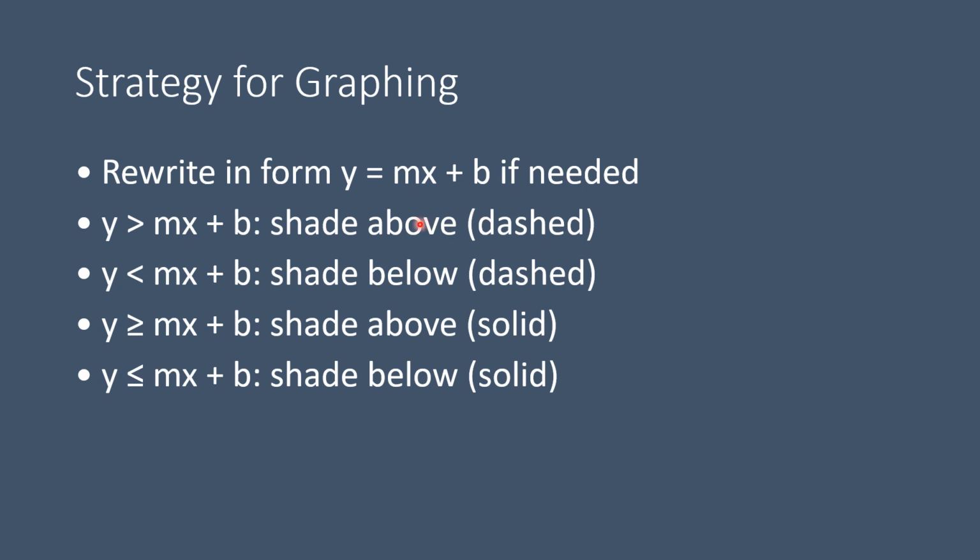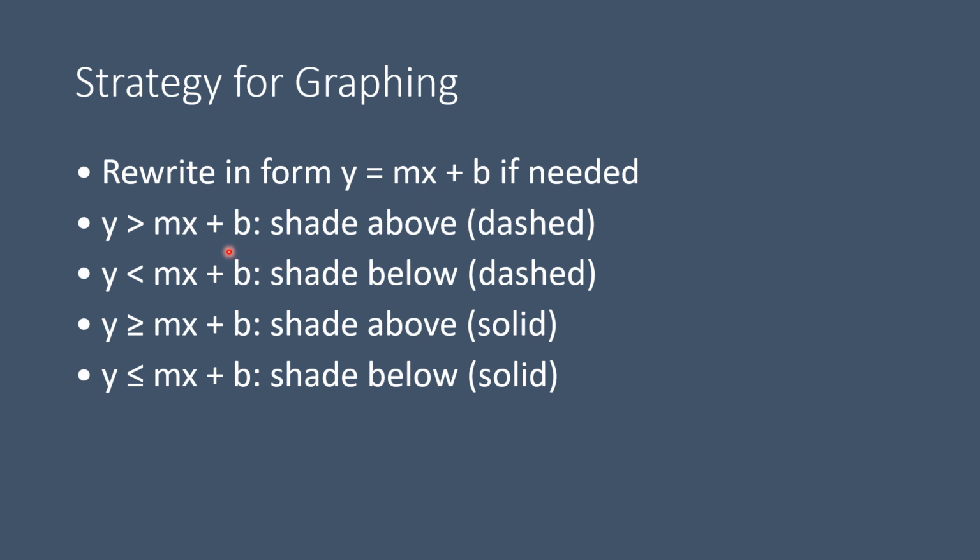So maybe we have an expression of the form y greater than mx plus b. Since we want to sketch this particular graph, we change the inequality sign to equal to. So the expression now becomes y equals mx plus b.